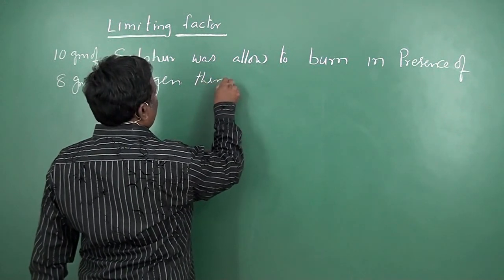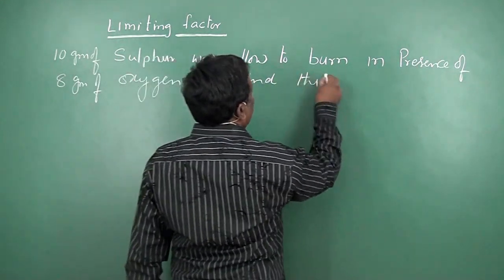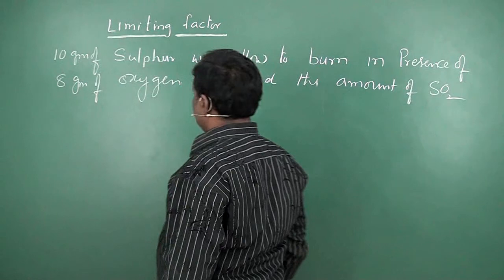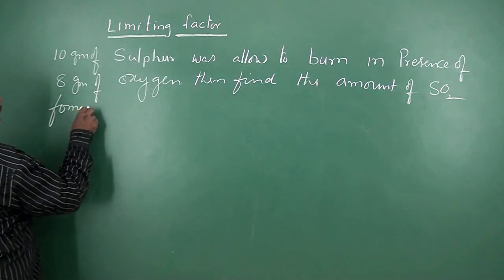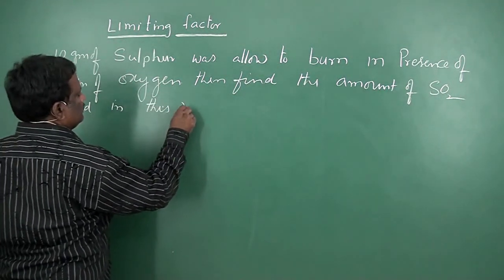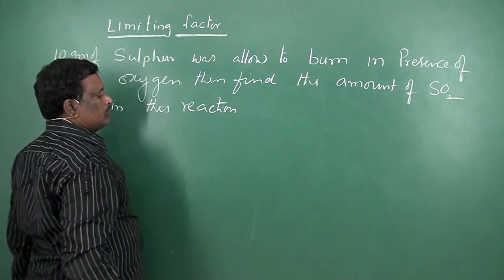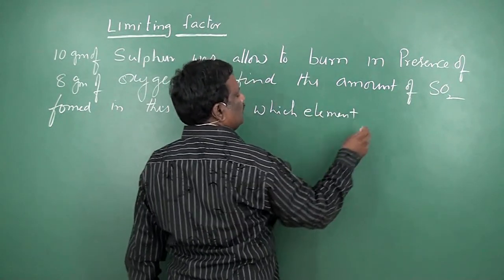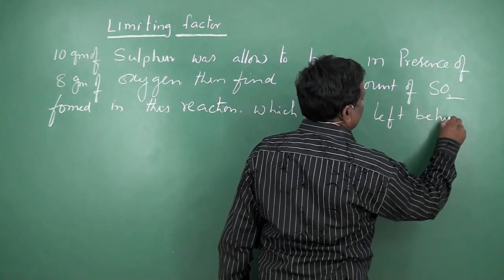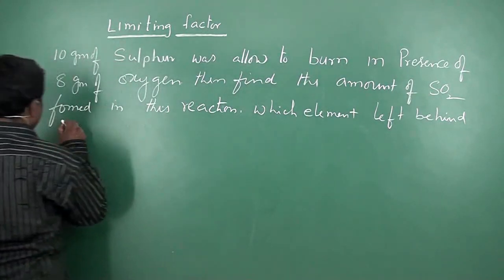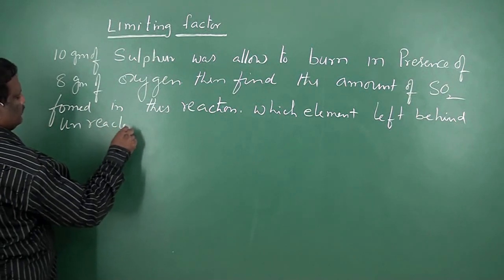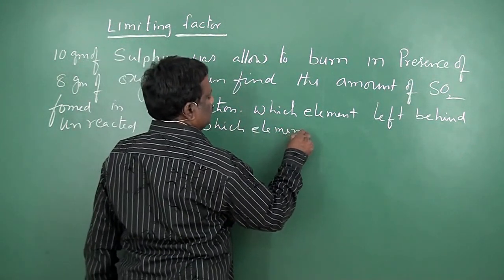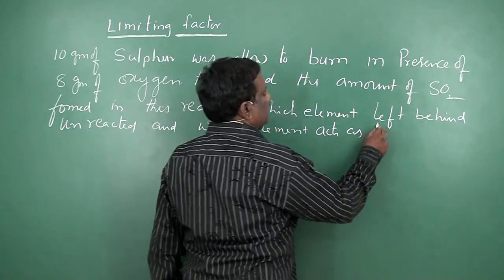Then find the amount of SO2 formed in this reaction, which element is left behind unreacted, and which element acts as the limiting agent.